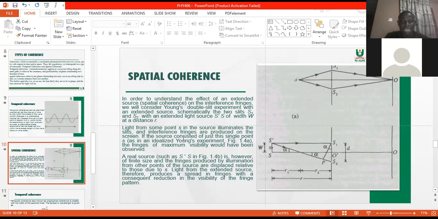If the source consisted of just this single point S, as in the idealized Young's experiment, a single fringe will be observed. But a real source, like the one we were using with the double slits, produces a brighter fringe on the screen when it comes from a double slit.